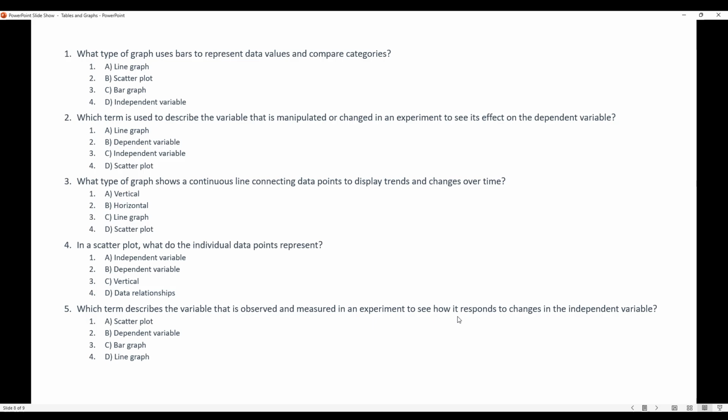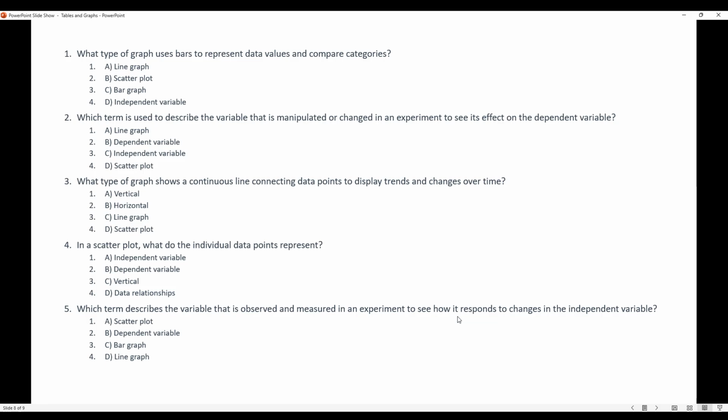Independent variable, dependent variable, vertical, data relationships. Five, which term describes the variable that is observed and measured in an experiment to see how it responds to changes in the independent variable? Is it the scatter plot, dependent variable, bar graph, line graph? Go ahead and pause the video and answer the questions.